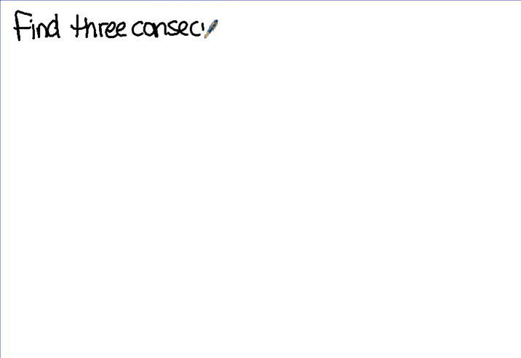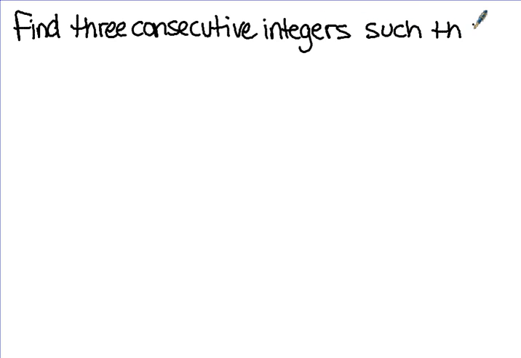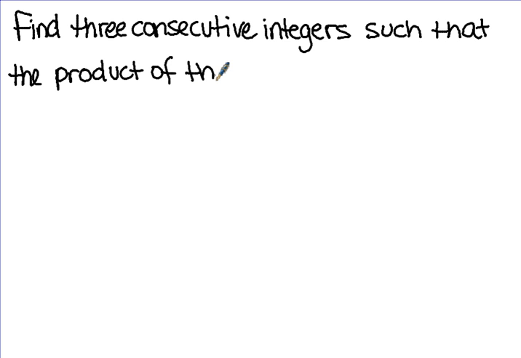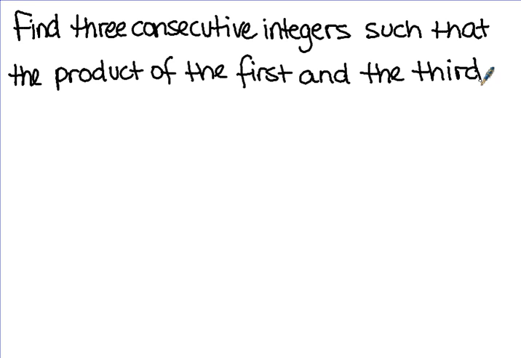Find 3 consecutive integers such that the product of the first and the third is 5 greater than 5 times the second.